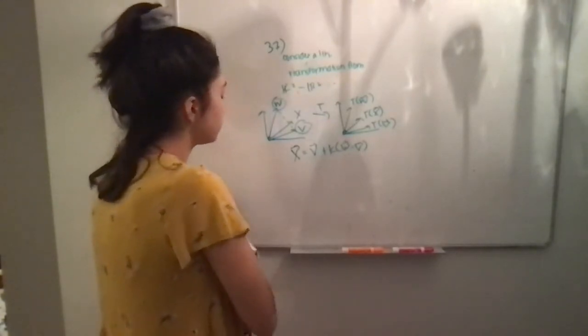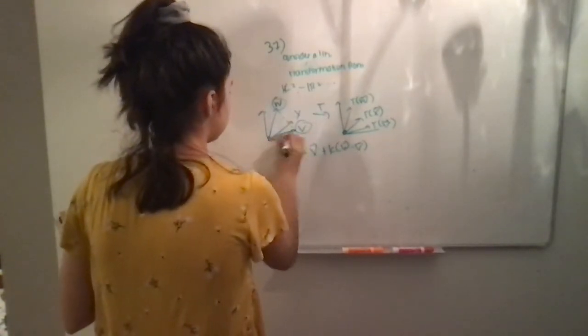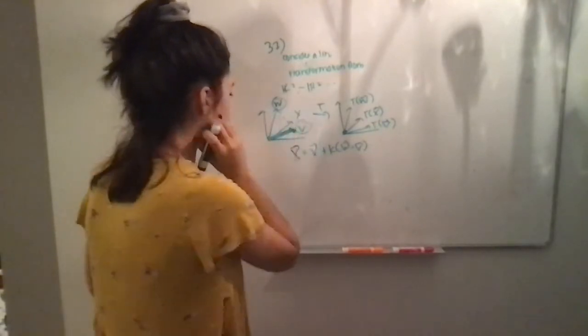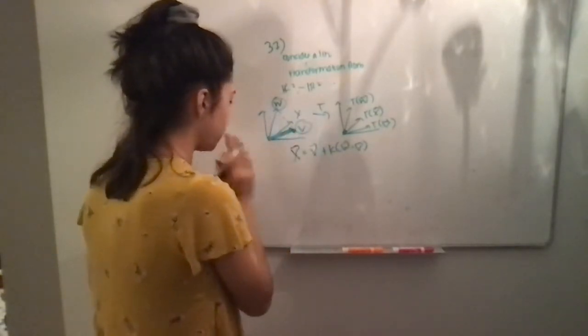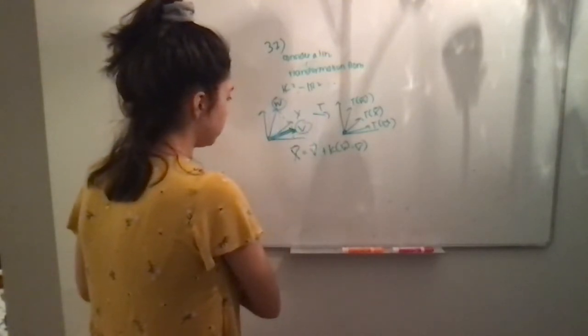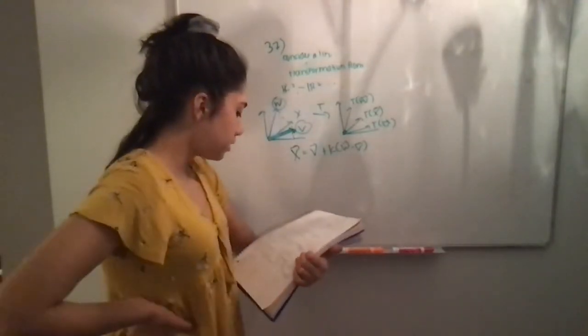Because if you subtract these two, then what you're left with is this. And then if you add vector v to that, is how you end up with your x.